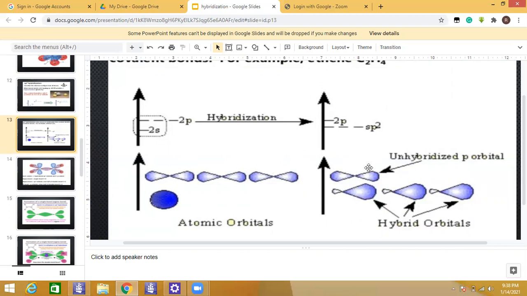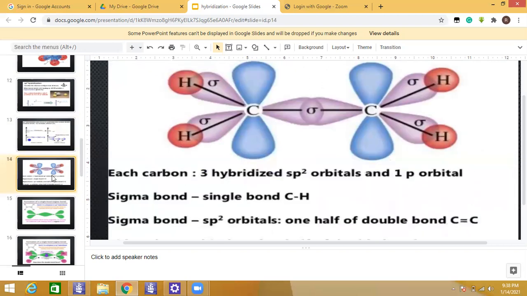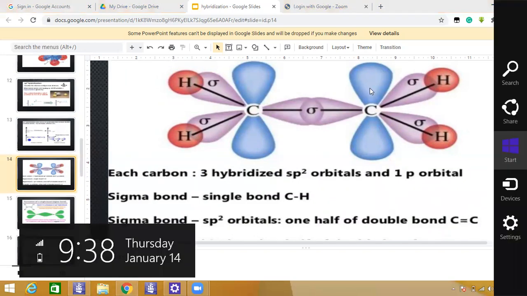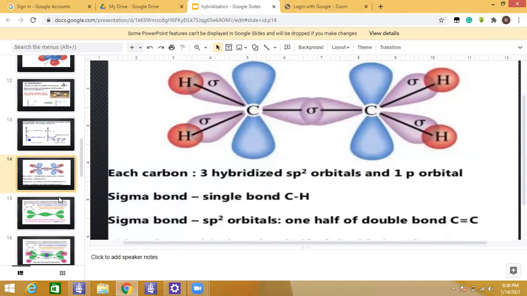So what it will do, like we have the two carbon atoms, the same stays for this configuration. So the pz orbital of this carbon and the pz orbital of this carbon remain unhybridized. They undergo sidewise overlap and give another type of bond, which is your pi bond.